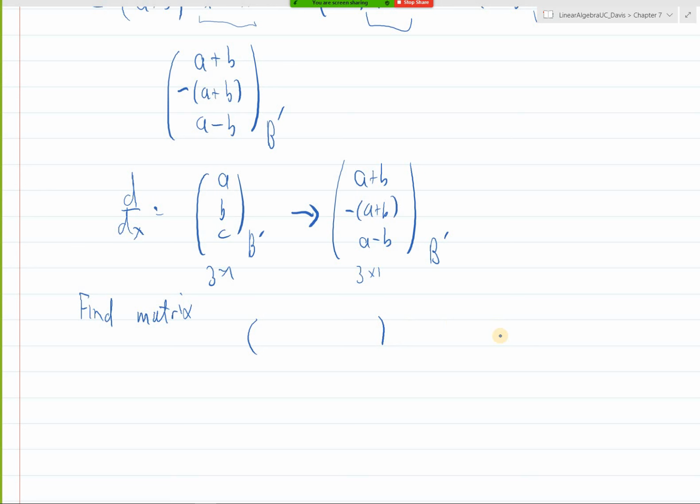So how do I write the matrix equation here? Where do I put my a, b, c? Isn't it just on the left? Yes.